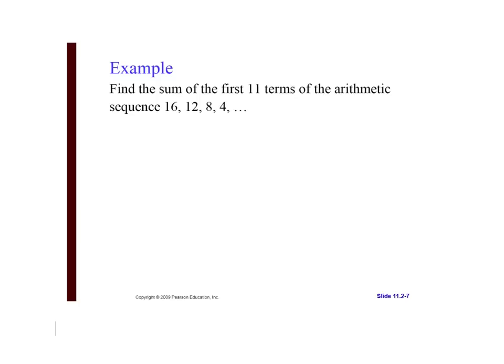So they want us to find the sum of the first 11 terms of the sequence. Well, one problem is I only know the first term, and I need the last term to do this. So I'll actually need to come up with the nth term of the arithmetic sequence to be able to do this. So I know the first term is 16. It looks to me like this sequence has a common difference of negative 4.